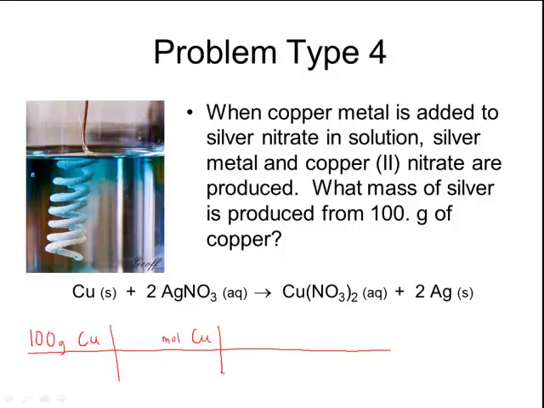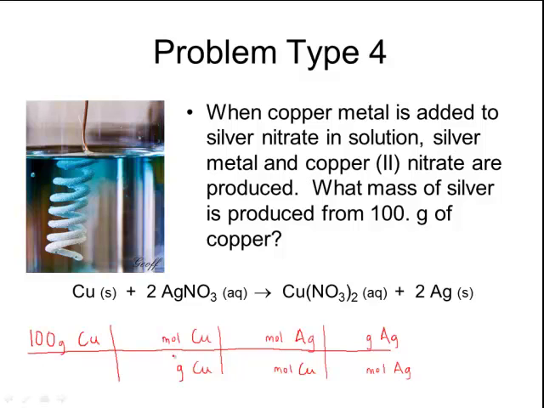And then I can switch substances and solve for substance B, which in this case will be moles of silver. And then from moles of silver, I can solve for grams of silver. The units on the bottom will be whatever are needed to cancel out. So grams of copper, moles of copper, and moles of silver. And now I just plug in my numbers.